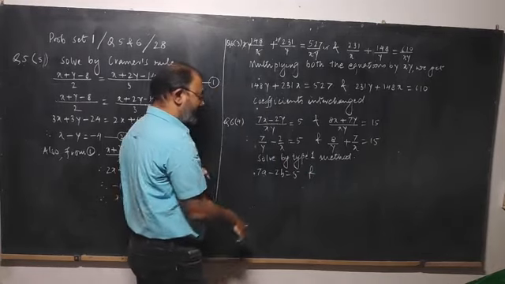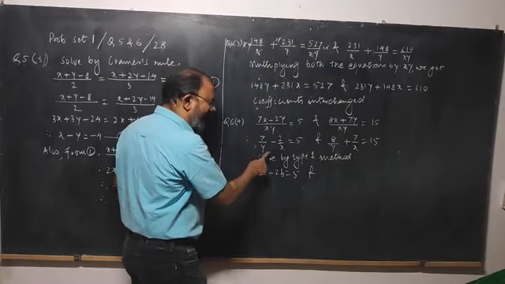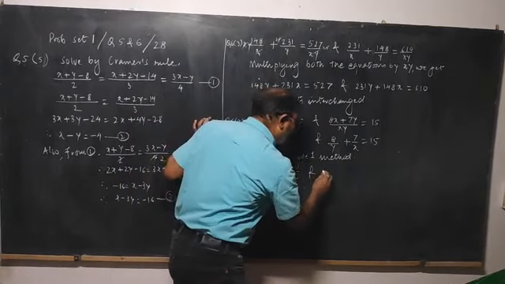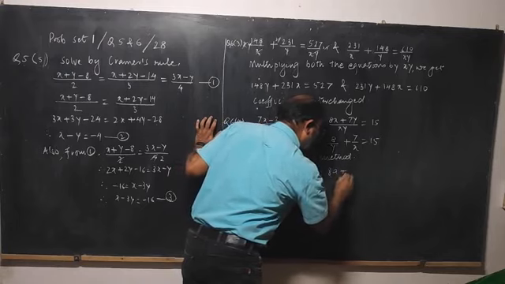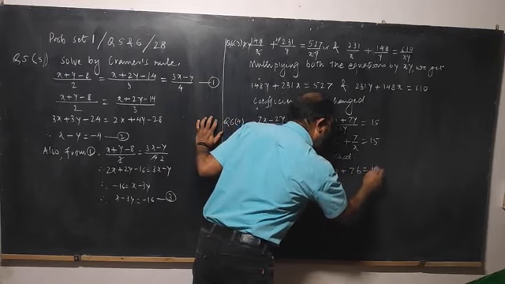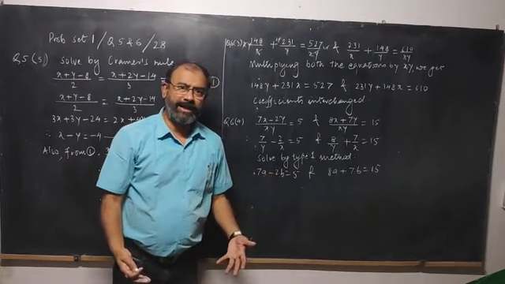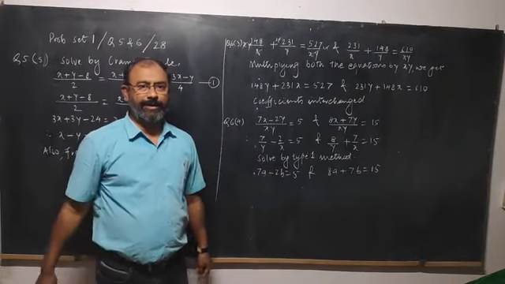This equation changes to this if you consider 1 by y as a and 1 upon x as b. And the second equation will change to 8a plus 7b is equal to 15. Then you can solve these equations, get the values of a and b, and from that you can get the values of x and y.